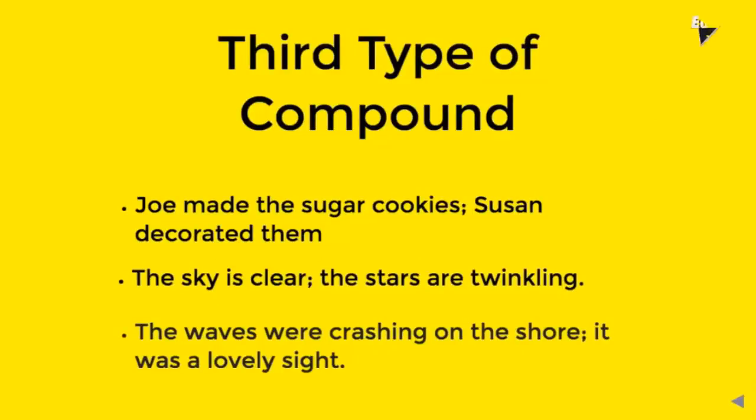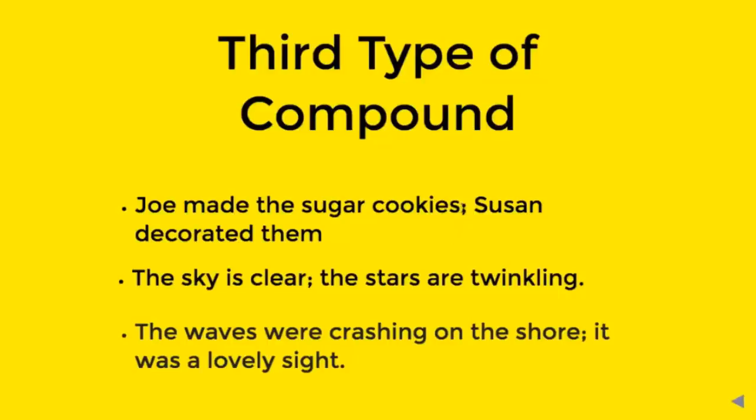The third type of compound sentence is where we don't use any conjunction or transition word. Joe made the sugar cookies. Susan decorated them. If you closely review them, these both independent clauses are closely related. You can say there may be a word and in between both of them.